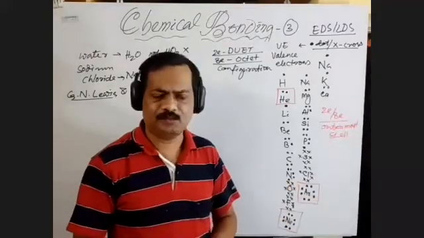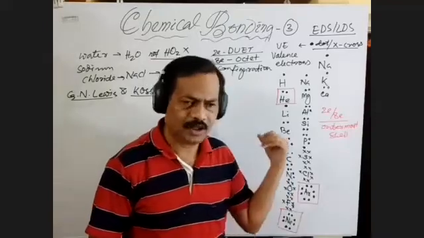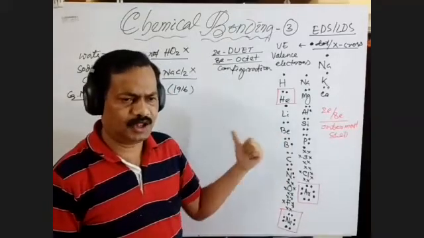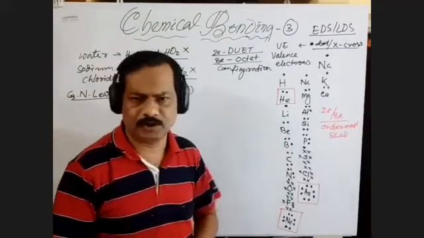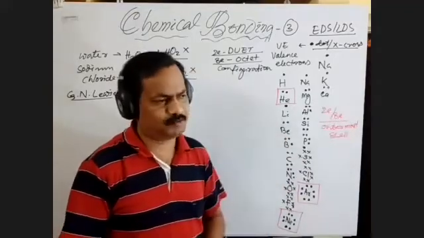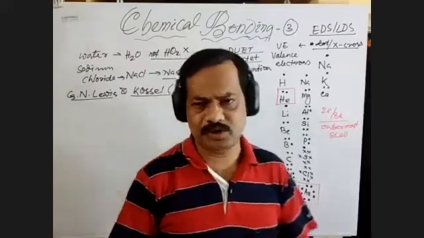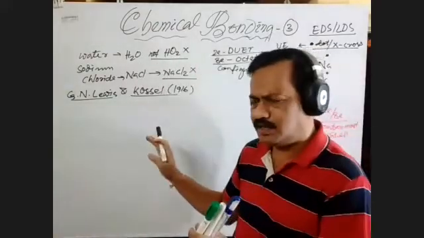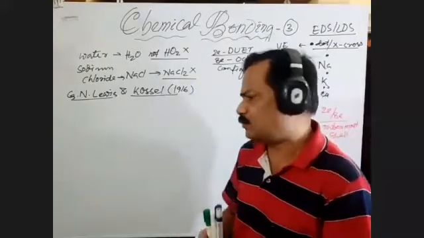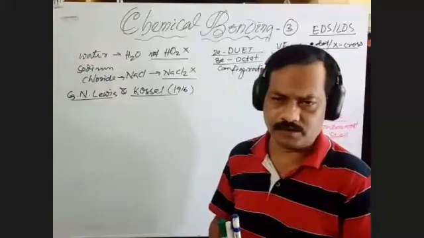Because by that time no successful theory had been prescribed, this is believed to be the first theory about chemical bonding. Of course, there are several shortcomings in this theory, but it is believed to be the first because there is some justification for the octet and duet configurations.